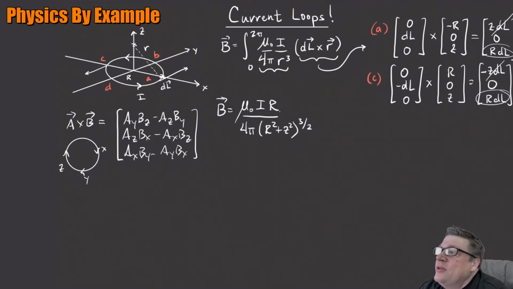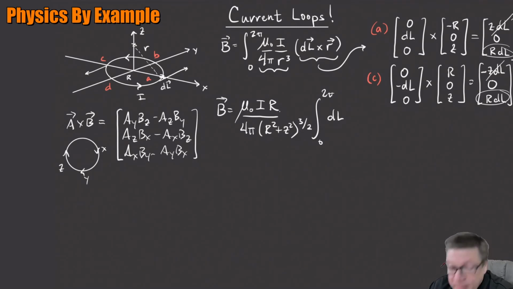That's that r cubed. And then I'm going to have the integral from 0 to 2 pi, and all I've got left in here is just dl. That's it. So this integral really became something pretty simple. Well, that's just dl, integrating the length all the way around a circle. That's just the circumference of the circle, right? So that's just going to give me 2 pi R.